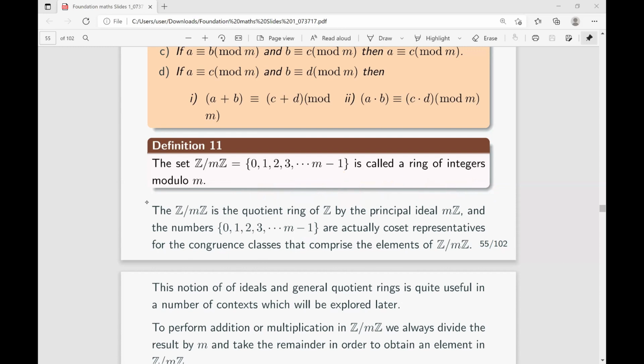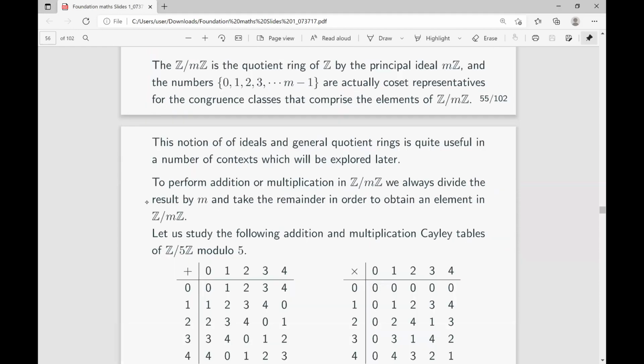So I want to look at 5Z. We know what elements are in 5Z. So 5Z has elements from 0 all the way up to 4. We want to see how we add these elements.